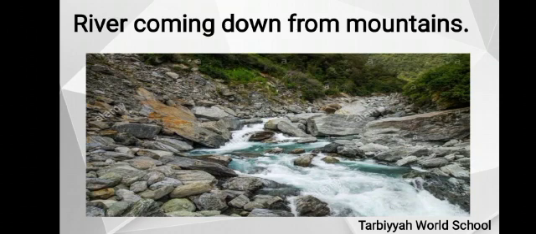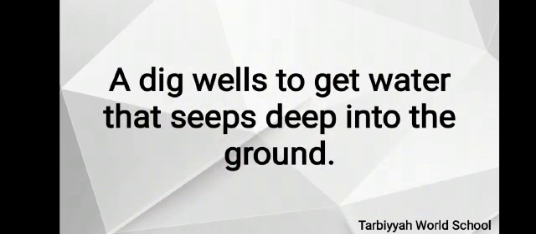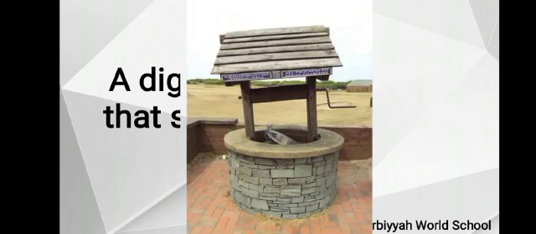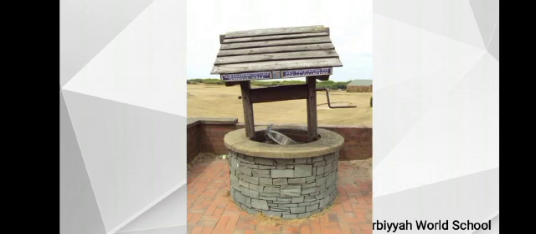So, students, how do we get water that goes under the ground? People dig wells and tube wells to draw underground water. Hand pumps are also used for this purpose. We dig wells to get water that seeps deep into the ground. You can see the picture of a well.